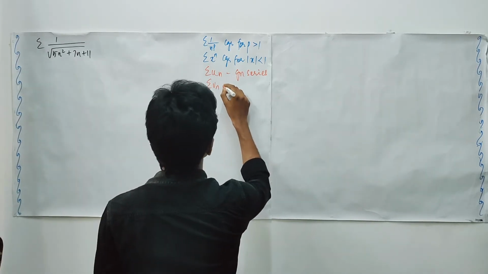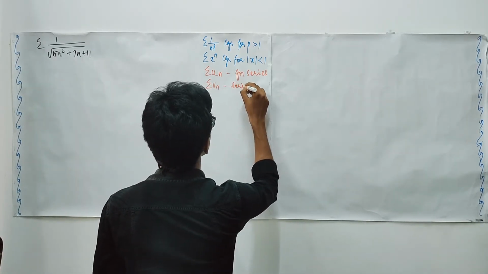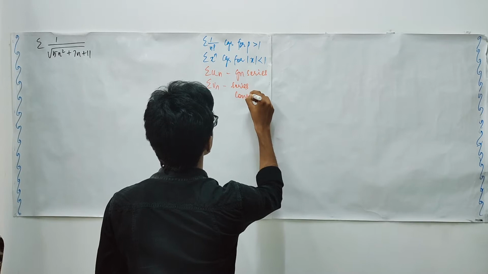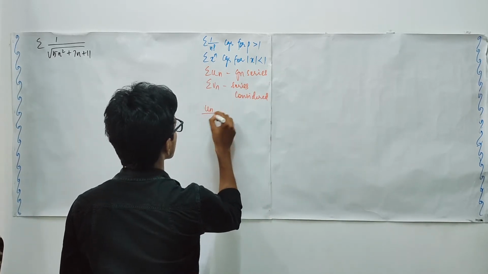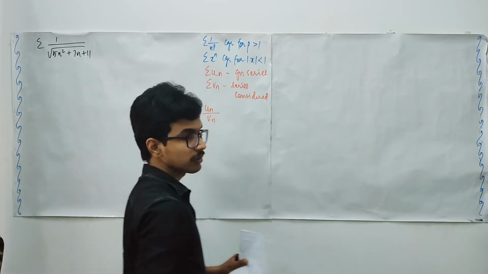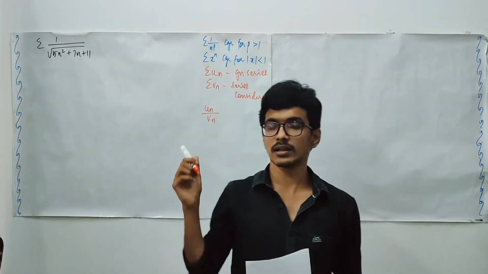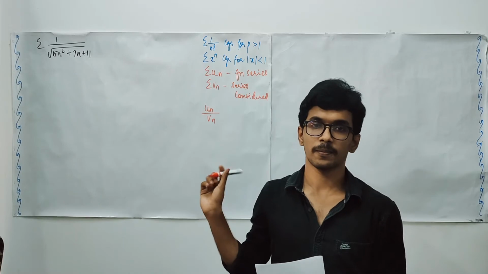Here, this is the series that we considered. Then we will have to identify the general terms of these two series, and we will have to find this quantity, that is un upon vn, right?